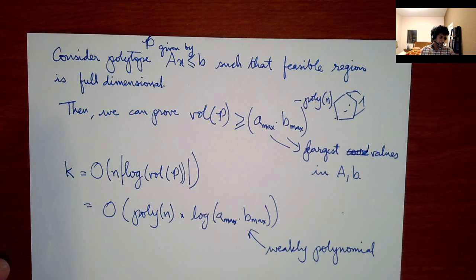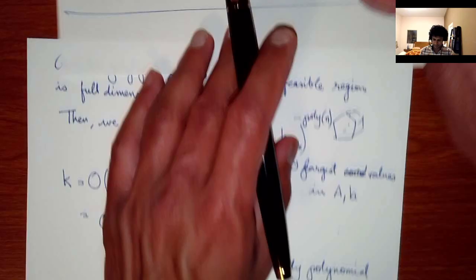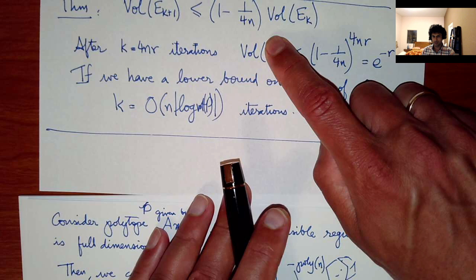And indeed, proving this bound over here on this ellipsoid is not that difficult.